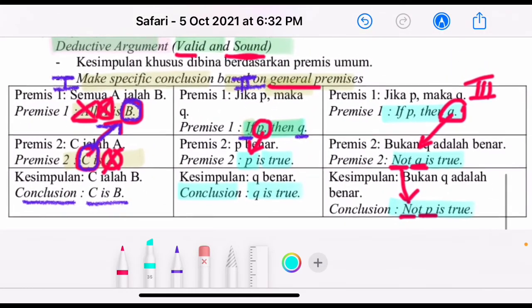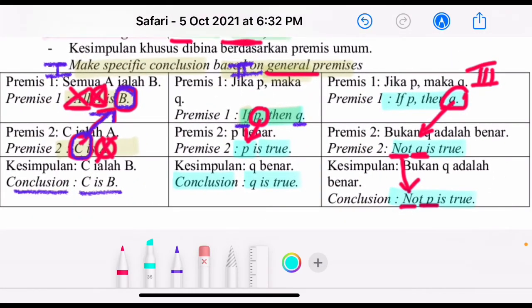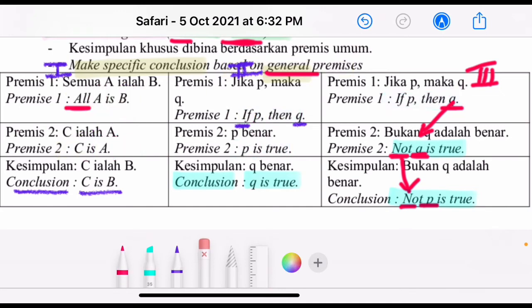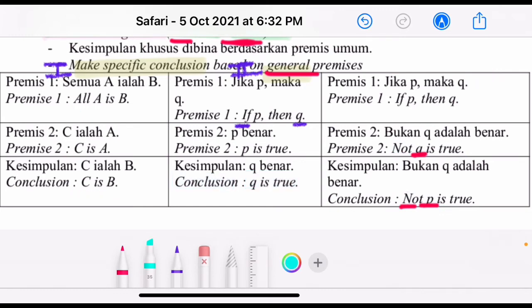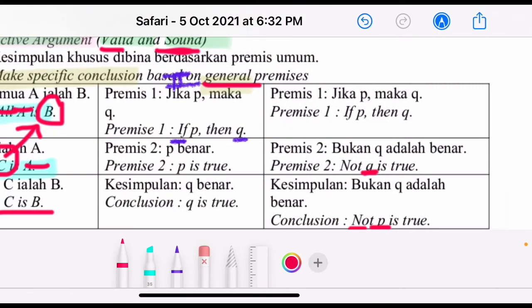Please memorize the three formats. Again I would like to highlight to you the 3 formats. The first one is: all A is B, C is A. Then you cancel the similar one, A, then connect from premise 2 to premise 1: C is B. For the second type, "if" and "then" must be there, and then P is true, Q is true.